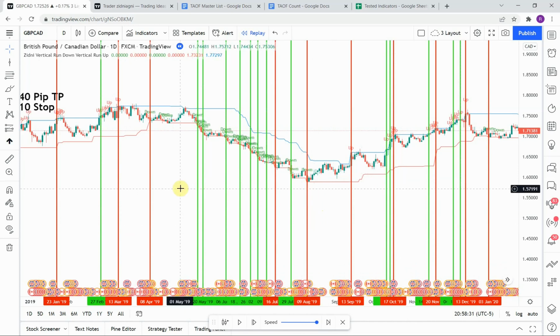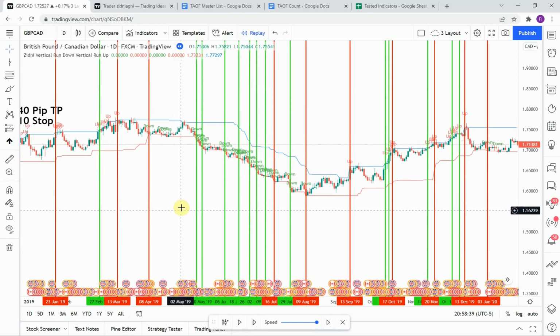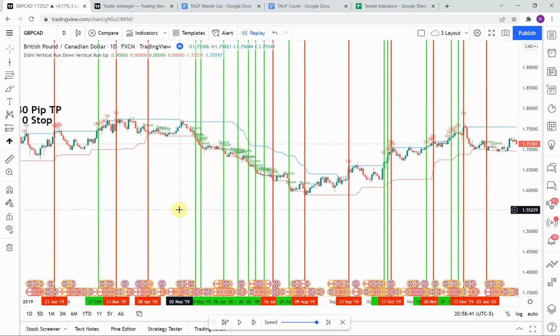The indicator that we did yesterday, pretty sure it was yesterday, did significantly better than this particular version of the indicator. It seemed to do really well when a strong trend was in place.